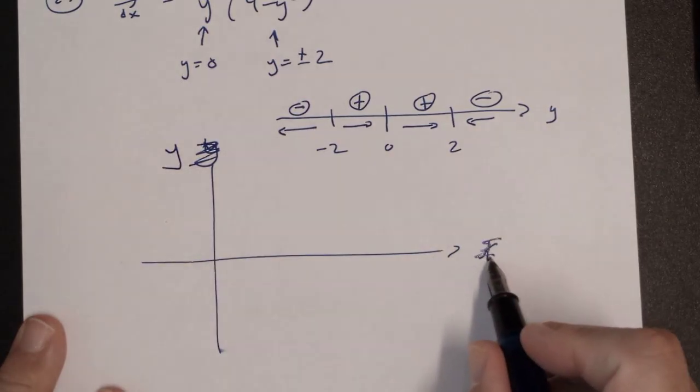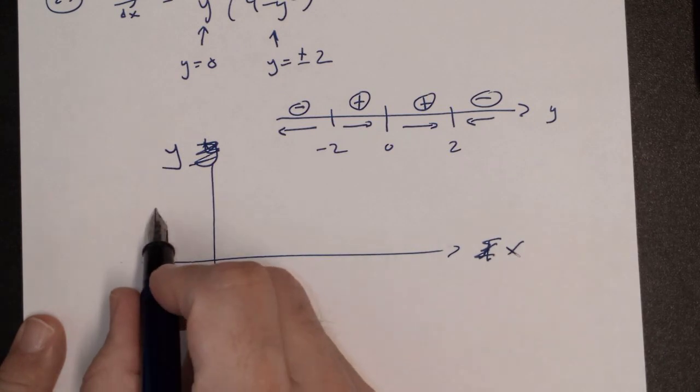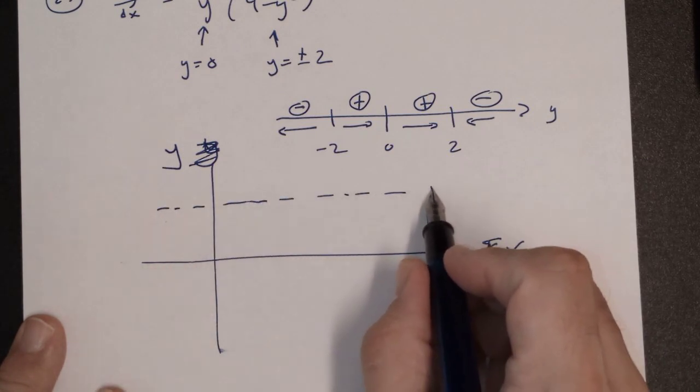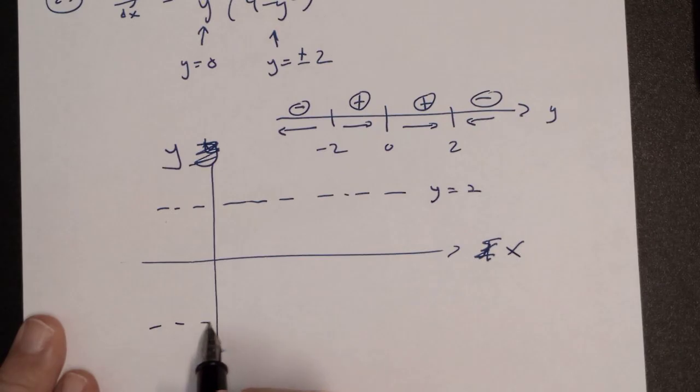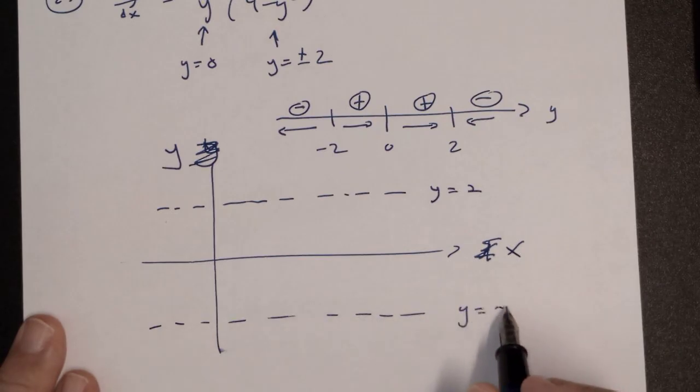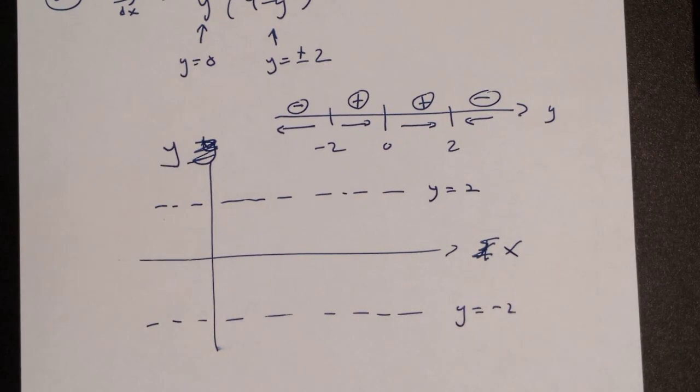Y up here, x down here. Y equals 2. Y equals -2. Y equals 0 is the x-axis. So far, so good? So the minus sign to the left of -2 there means that the arrows below -2 should be pointing down.